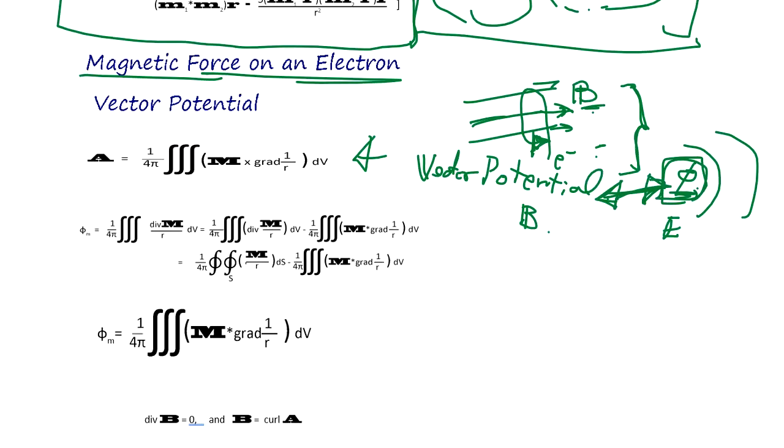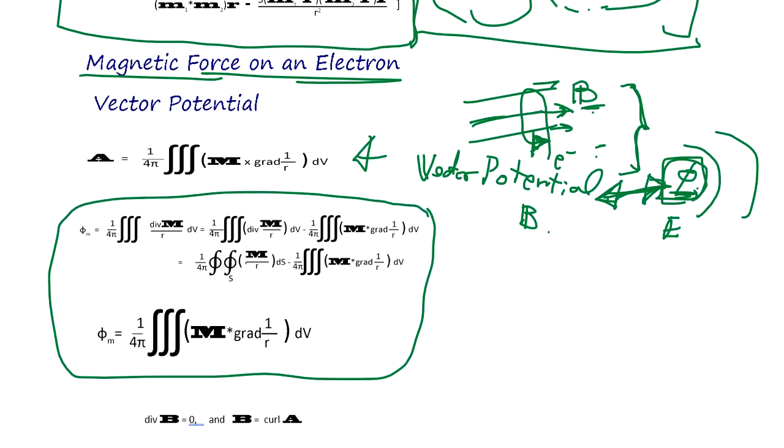Before, the scalar potential was defined this way, right? So we define it exactly the same way, except this is a multiplication, the outer multiplication of the vector.